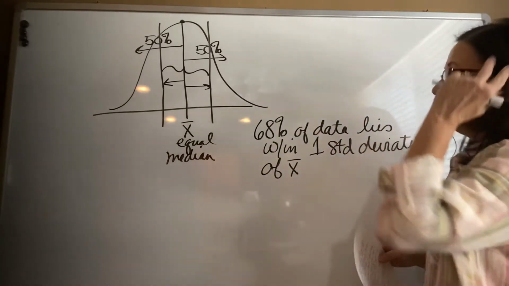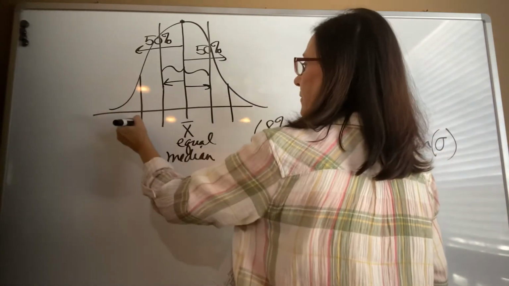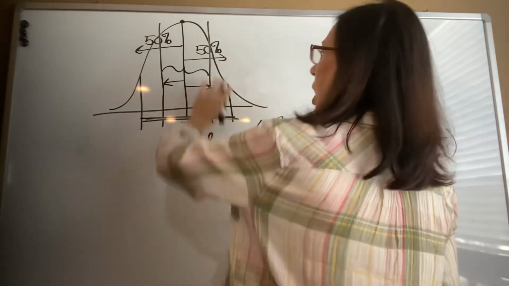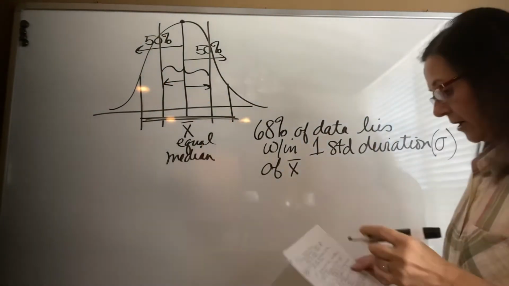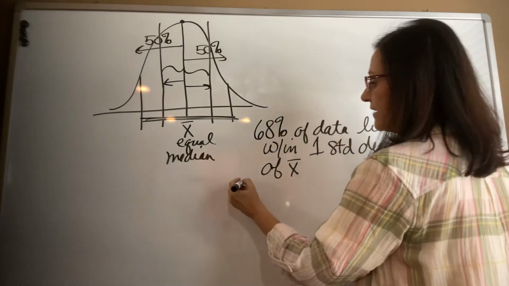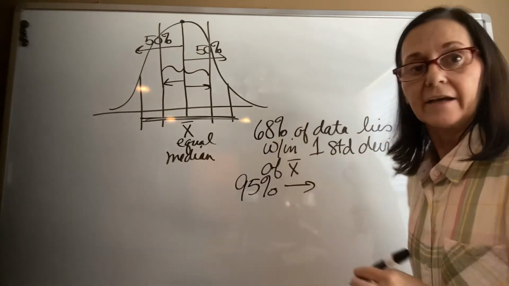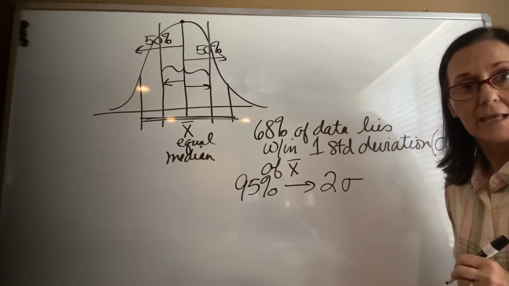All right. Now, within two standard deviations of the mean, so from here, all of this area under that curve, all of the data under that curve, we know that 95% of the data lies within two standard deviations of the mean.